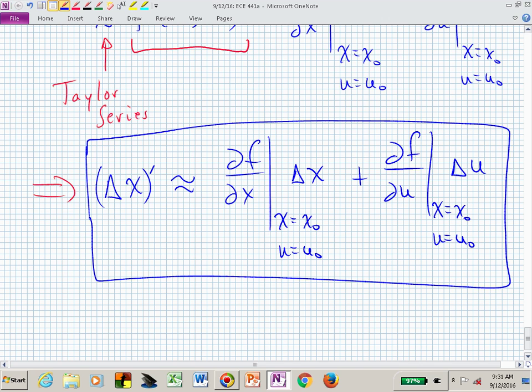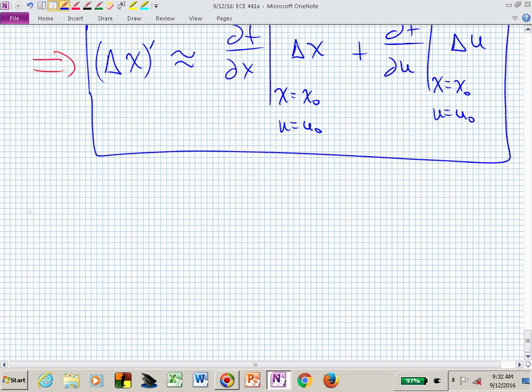The time rate of change of this small variation around the nominal operating condition is equal to these partials, which will just give us constants when we evaluate at x naught and u naught, times delta x plus some constant times delta u. And hopefully you see that this is our normal linear expression. This is x prime equal Ax plus Bu, where the A is this matrix of partial derivatives. The B is the matrix of partial of f with respect to u.